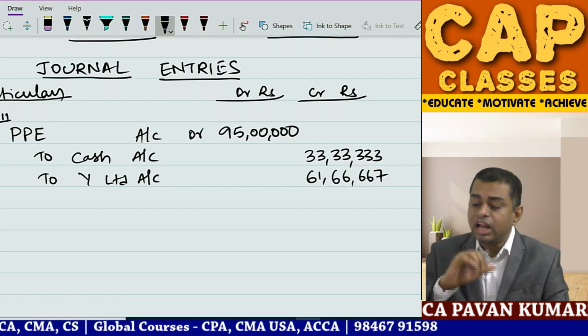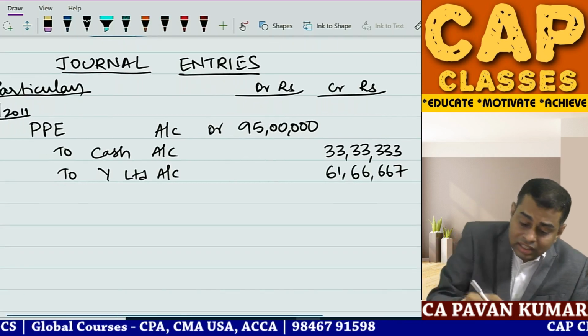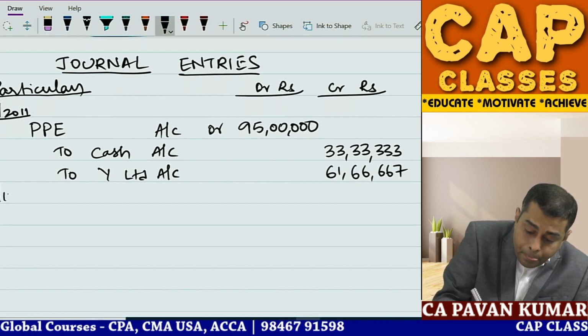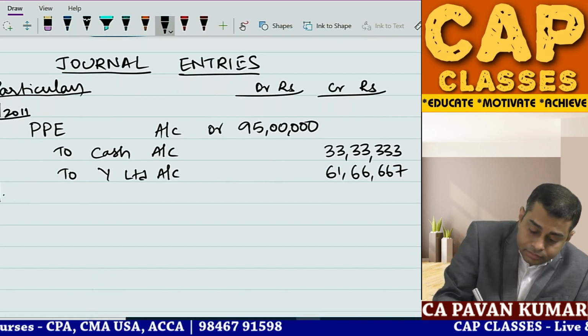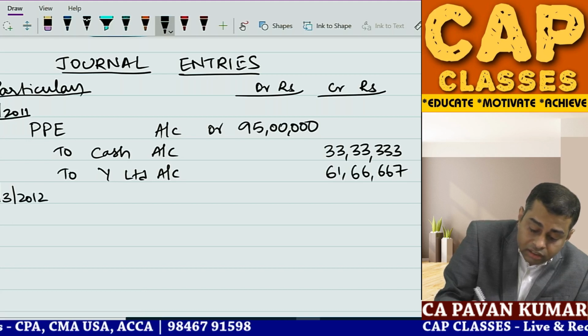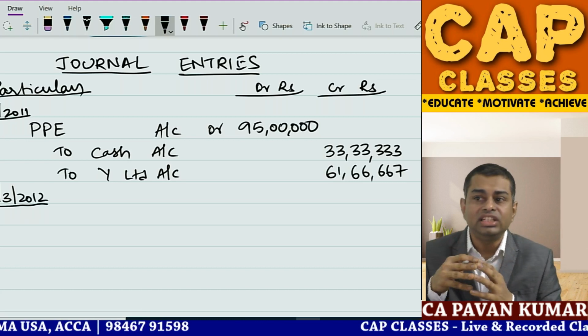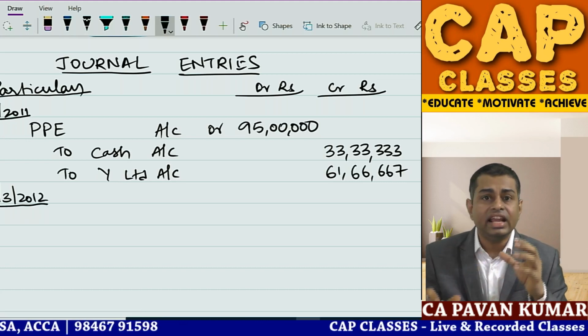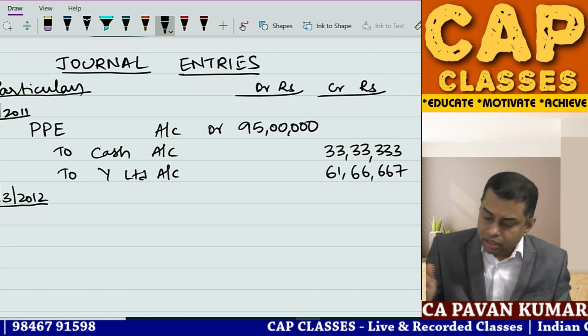Okay, now tell me what is the next step. On 31/3/2012, that means at the end of the year, you are making a payment of 33,33,333, no? So can I say Y Limited account debit?